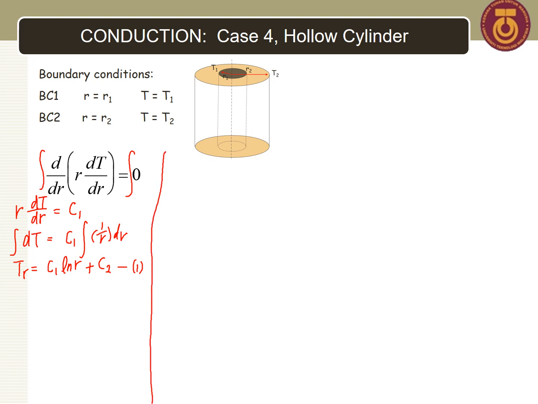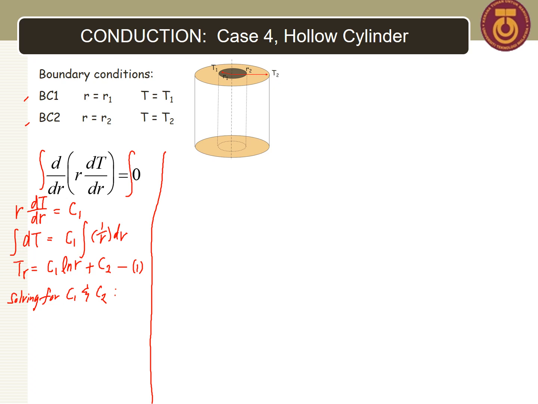Okay, in order to solve, now our next step is we need to solve for the two constants c1 and c2. So how to solve it? We need to come up with two equations, okay, based on boundary condition 1 and 2. Okay, with the two equations, then we solve it simultaneously, then we can get the value of c1 and c2.